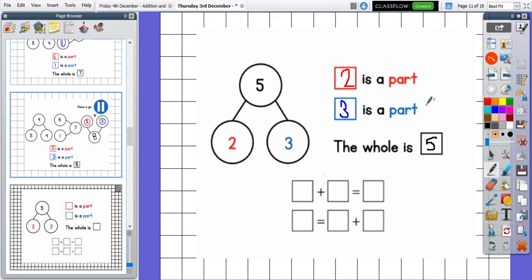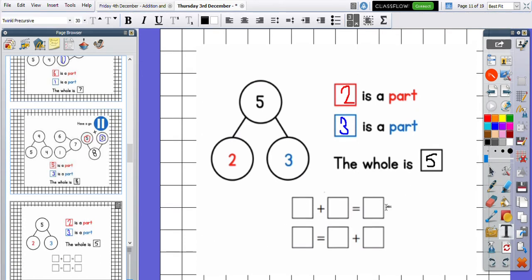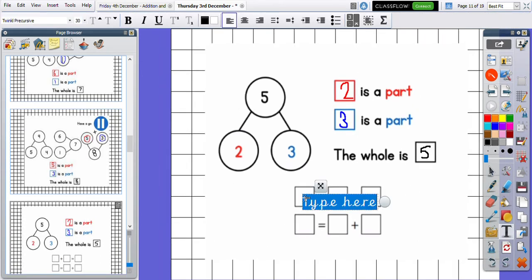So now I have written my numbers in the box, I'm going to put them into some sort of sentences. So I'm going to start with 2 add 3 will give you my 5.